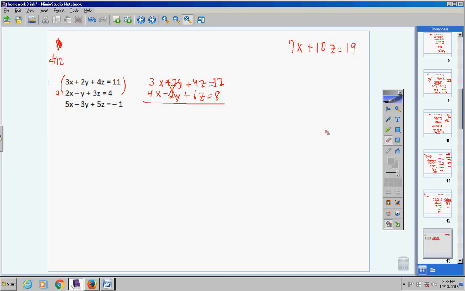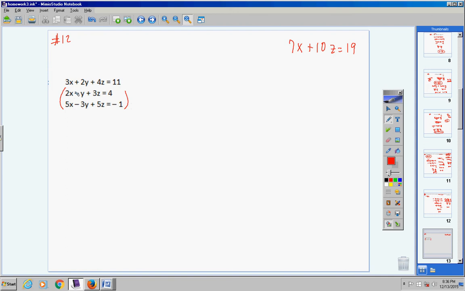Okay? Good job. Now, I'm going to pick out 2 other equations and eliminate y again. How about these 2 equations here? If I multiply this middle equation right here by a negative 3, that'll give me a positive 3 right here, because a negative times a negative 1 is a positive 3, and that'll cancel with my negative 3. So here we go. Negative 3 times 2, negative 6. Negative 3 times negative 1, positive 3.